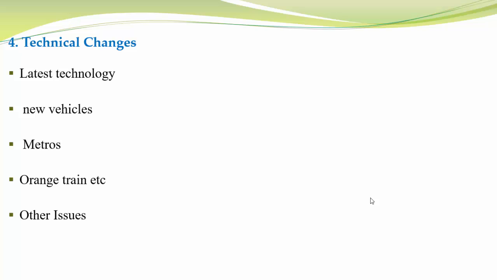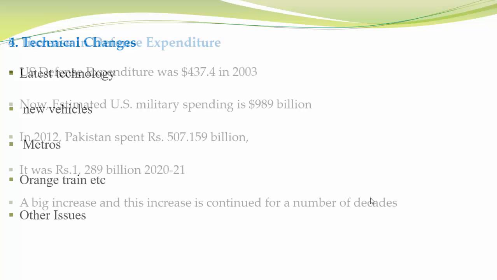There is the Orange Line in Lahore, we see. All these need a huge amount of money, which has increased the public expenditure. So due to the technical changes and introduction of new technology, the public expenditure also increases.